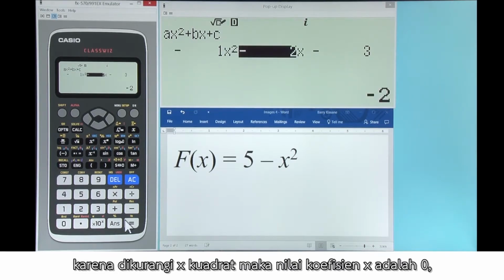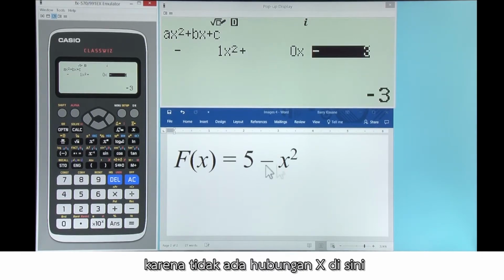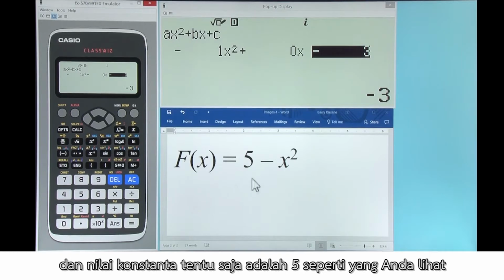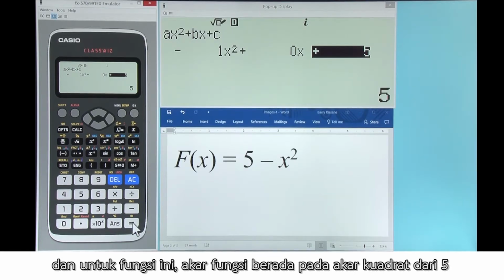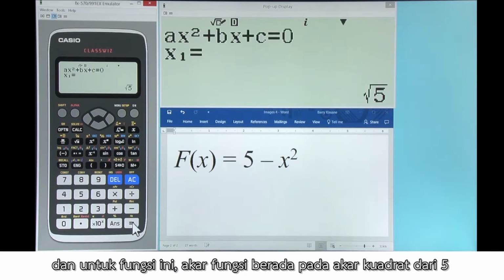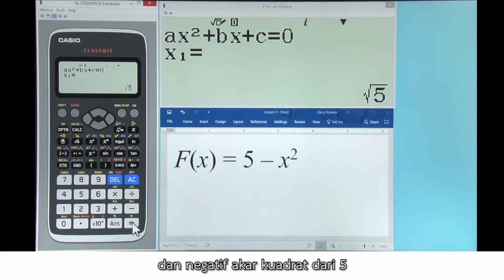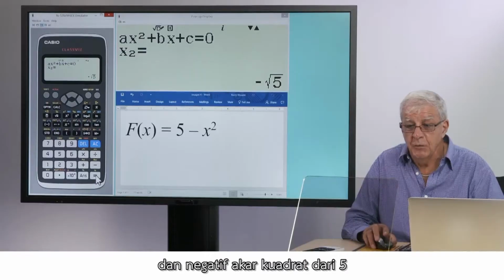The value of the coefficient of x is 0 because there's no x term here. And the value of the constant, of course, is 5, as you can see. And for this function, the roots of the function are at square root of 5 and negative the square root of 5.